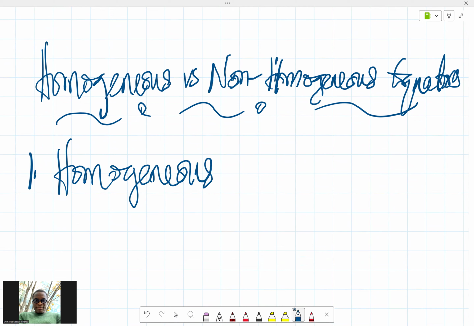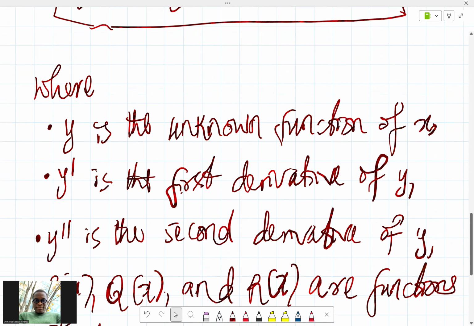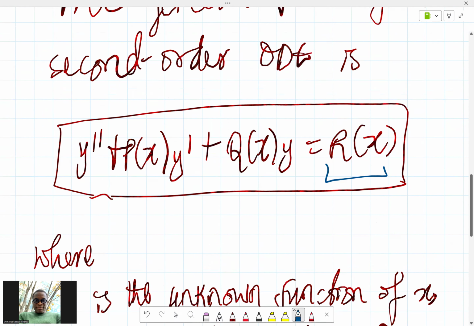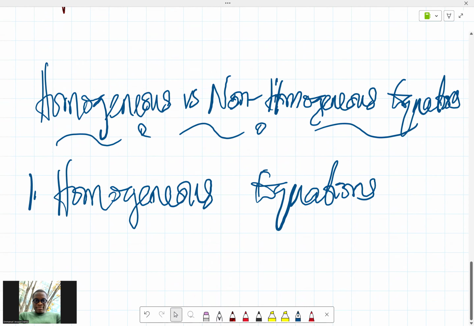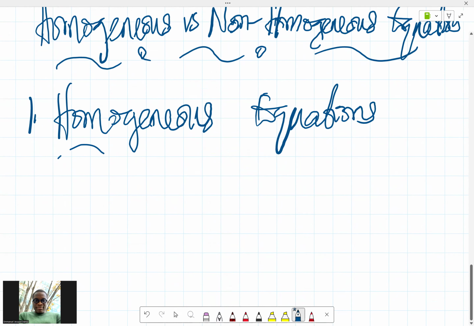From what we see at the top here, we have this r of x. So whatever r of x is determines whether it is homogeneous or not.